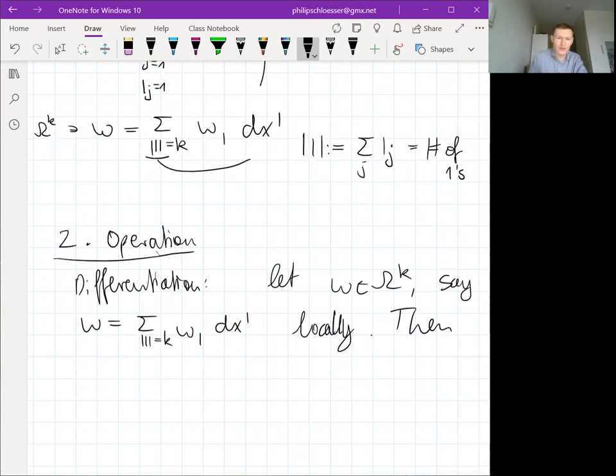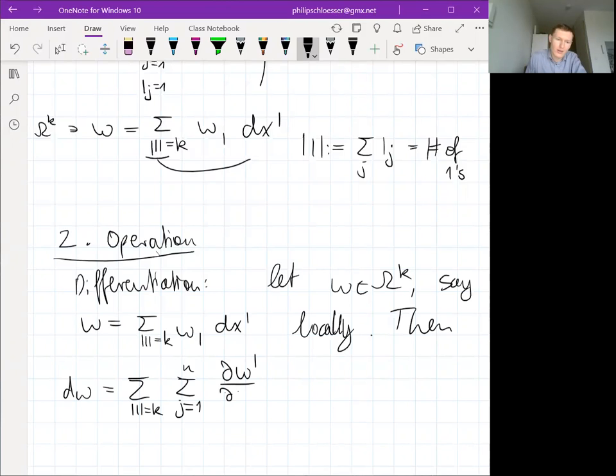Then we can define the exterior derivative of omega as our expression, and then we add one extra index. This is basically an answer to the question of in what direction we want to differentiate.